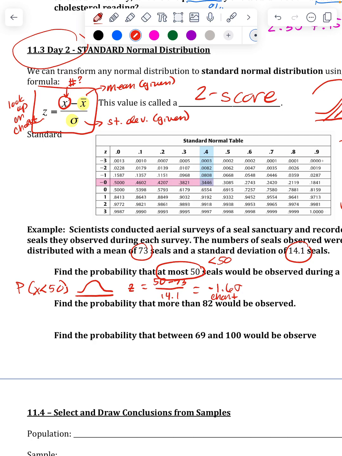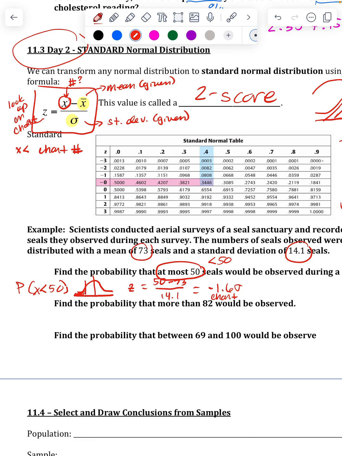So I go to the chart, and I remember from yesterday, the mean is in the middle. -1.6 is going to be over here somewhere, and less than is going to be to the left. Since it's to the left, I can use the chart value. Whenever X is less than, I can just use the chart number because the chart reads to the left.